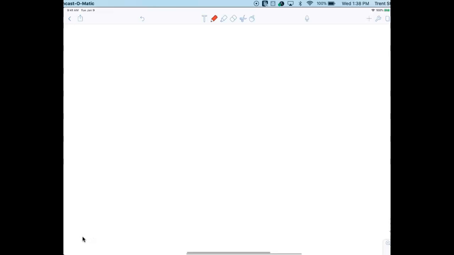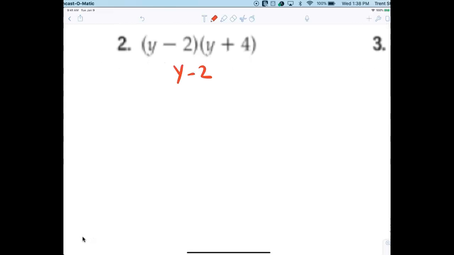So here we go. Y minus 2, let's write it down. Y minus 2 times y plus 4. Does it matter which one goes on the top or the bottom? Makes no difference. So now when I multiply, what's 4 times negative 2? Negative 8. 4 times y? 4y. Now you go over and do y times negative 2. Negative 2y.